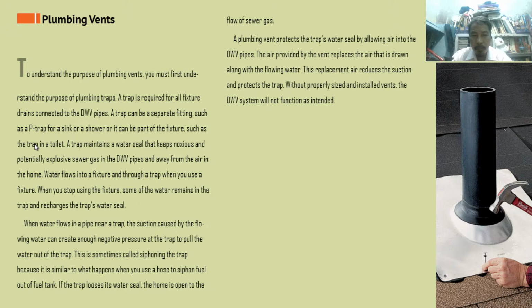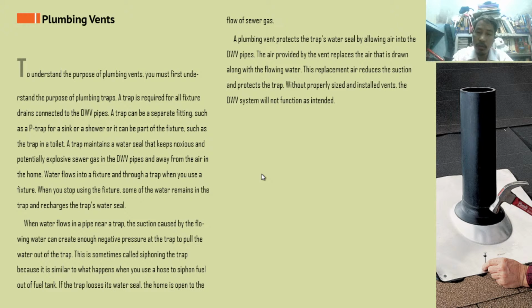Okay? A trap can be a separate fitting, such as a P-trap for a sink or a shower, or can be part of the fixture, such as the trap in a toilet, meaning the toilet bowl. So the toilet bowl has an included trap on its own.